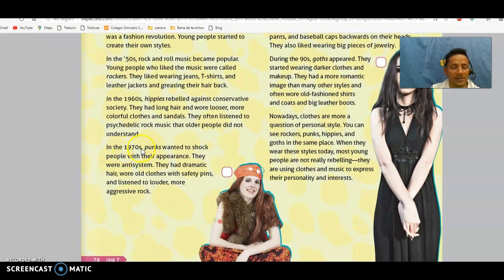In the 1970s, punks wanted to shock people with their appearance. They were anti-system. They had dramatic hair, wore old clothes with safety pins, and listened to louder, more aggressive rock.